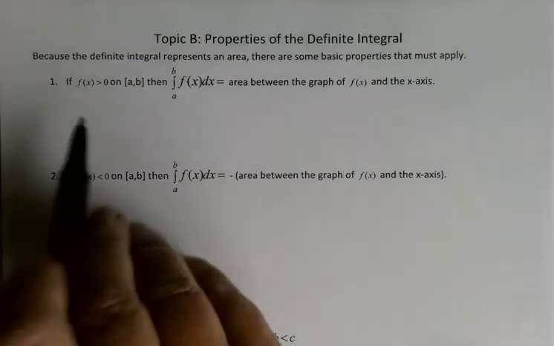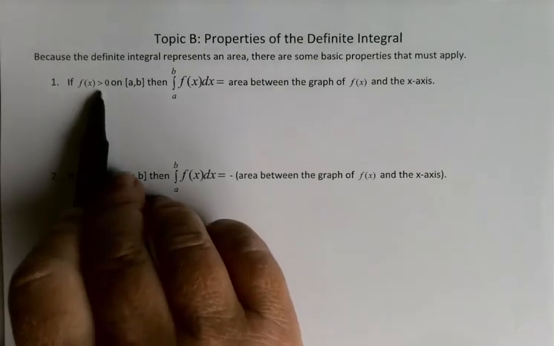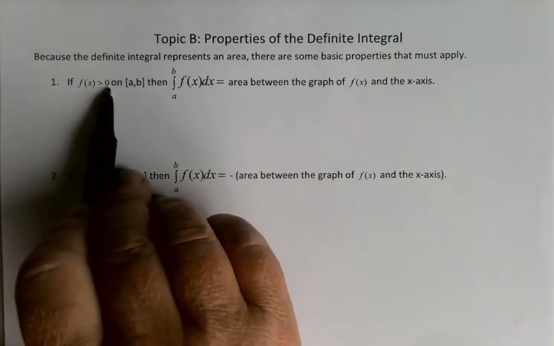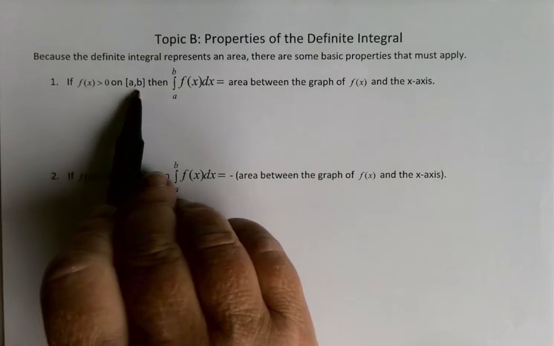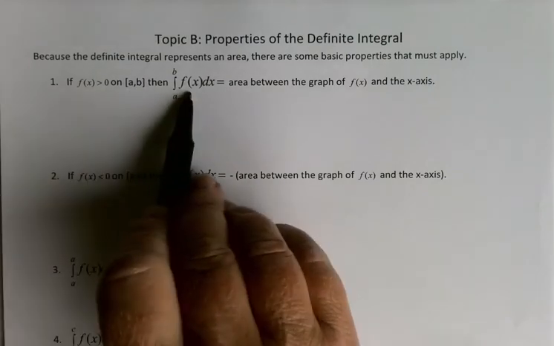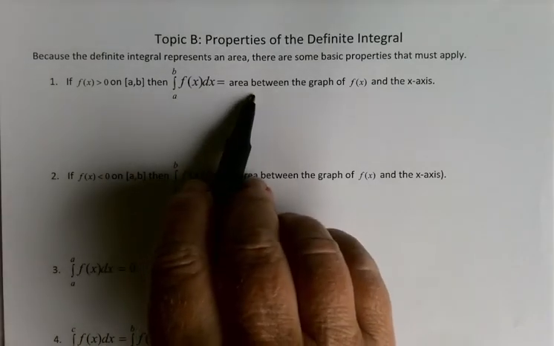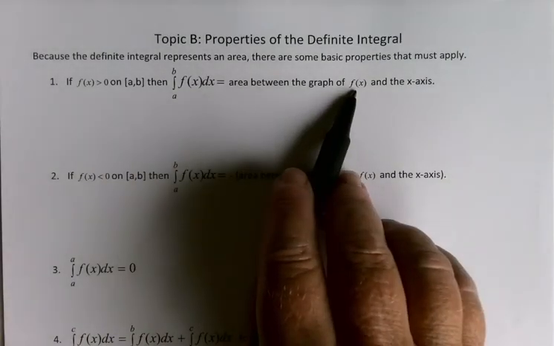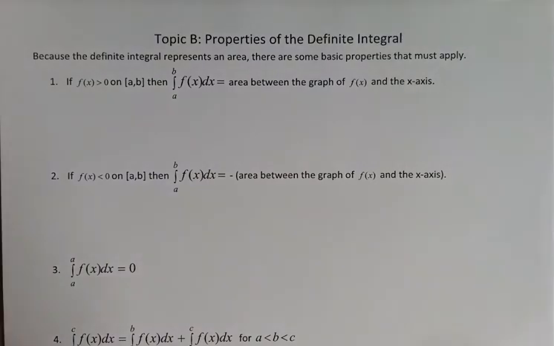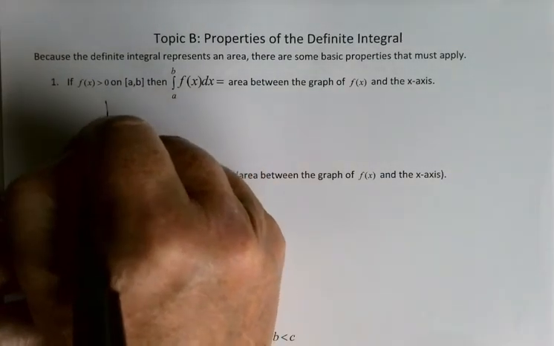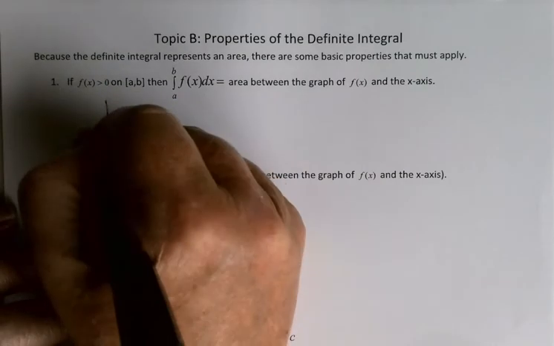So for starters, if f of x is a positive function, always greater than 0, on the interval from a to b, then the integral from a to b of f of x dx simply is the area between the graph of f and the x-axis. This is nothing really new. This is exactly what we've been looking at.